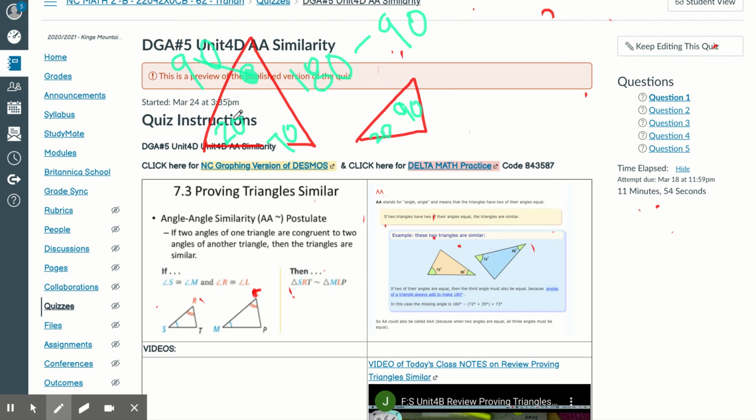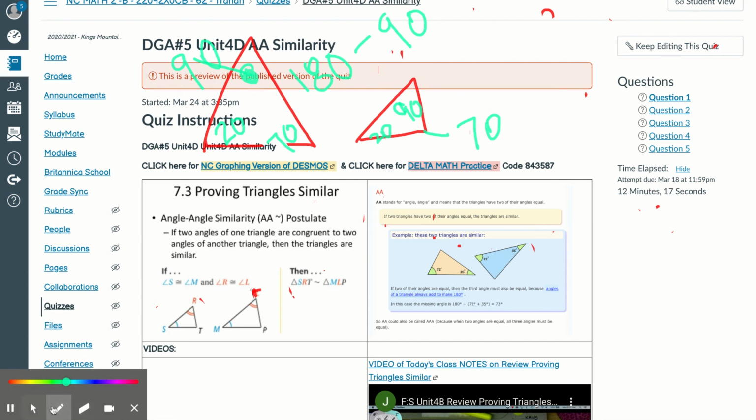That one is 90. This one's 20. This one's 20. And once again, knowing that all angles have to add up to 180, you know this guy is 70. So at first glance, it didn't look like they had the same angles, but if you just add the angles up and find that missing angle by subtracting their sum from 180, you will find that they were in fact congruent.